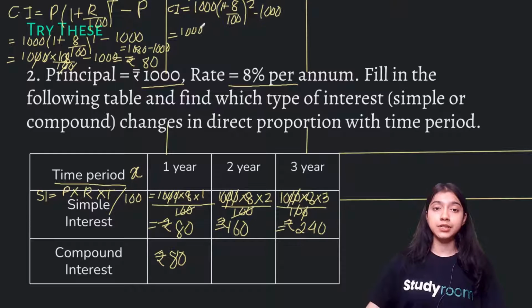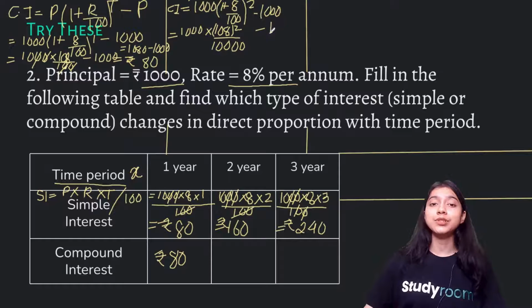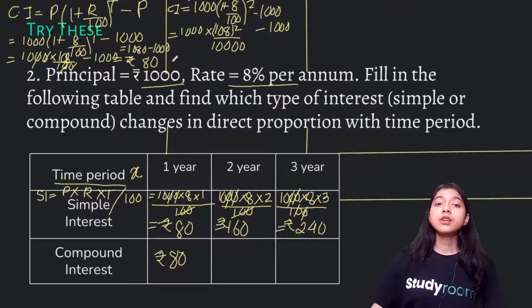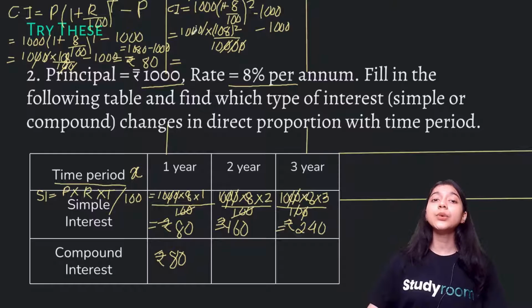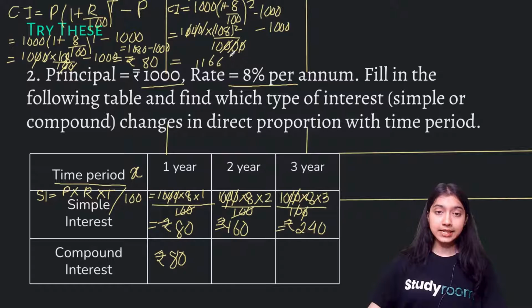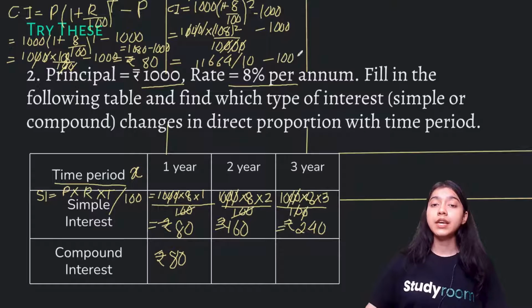So we will have 1000 multiplied with 108 square divided by, again, 100 square gives us 10,000, minus 1000. So over here the 3 zeros of 10,000 will get cancelled out with the 3 zeros of 1000. So we have in the numerator 108 multiplied with 108 and this gives us 11664 divided by 10, and then we have subtracted 1000.